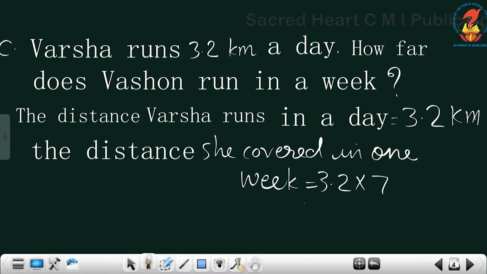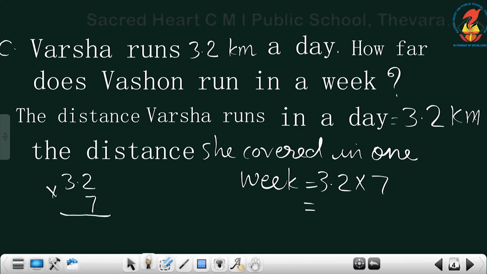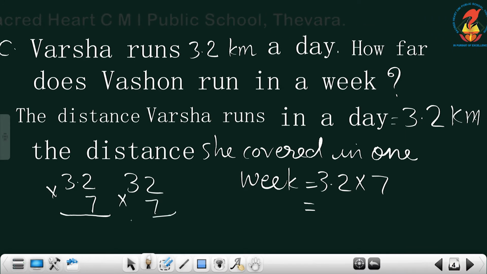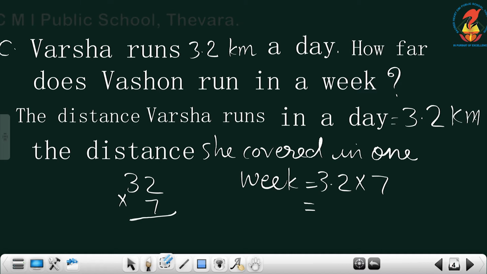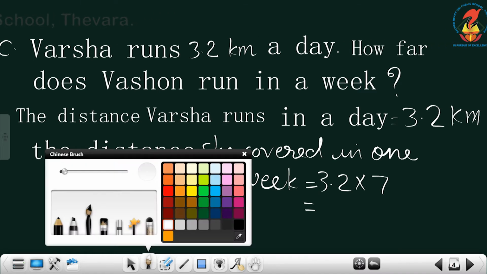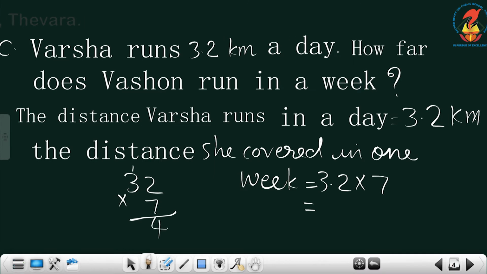3.2 into 7. Okay, 3.2 into 7 is what? I told you, no need to worry about the decimal point. You can simply multiply, right? No need to write it like this. And 32 into 7 is what? 2 sevens are 14.